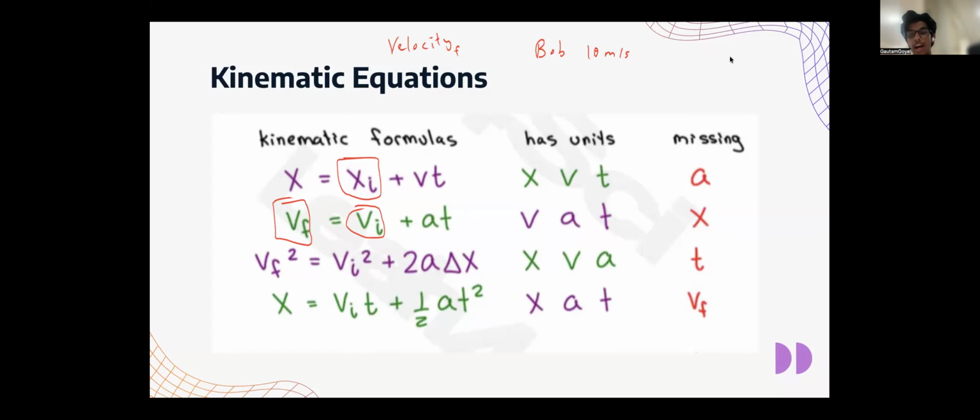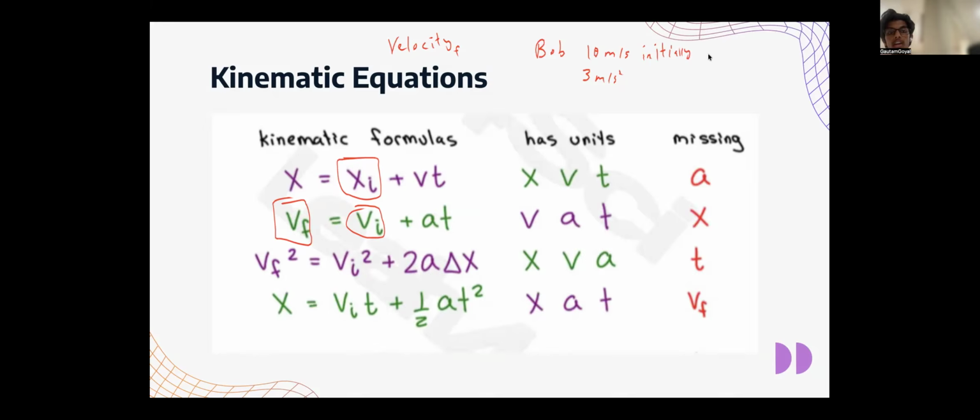So velocity final is the ending velocity that we want to know, how fast it's going. If Bob is going 10 meters per second initially, and then he is accelerating at 3 meters per second squared, and we always work with constant acceleration. Someone's not going to be accelerating for 3 meters per second, then five, then four, then three. We're always going to be talking about constant acceleration.